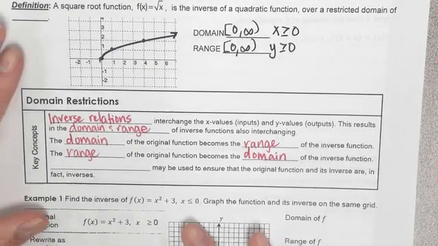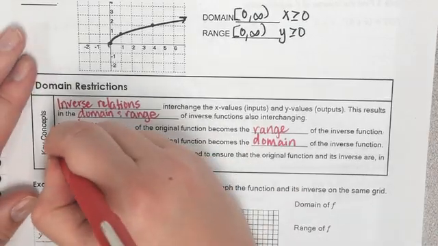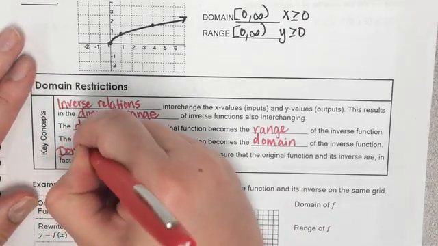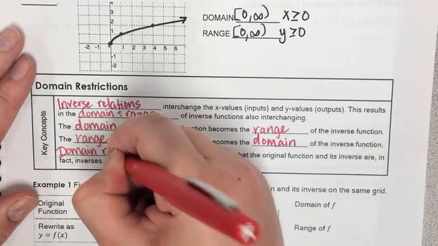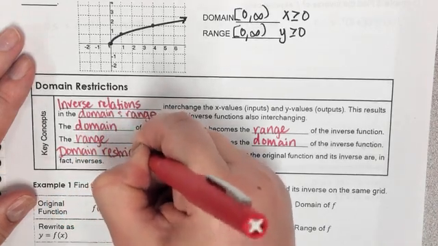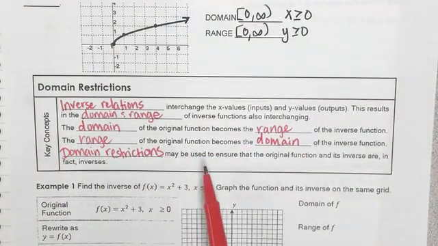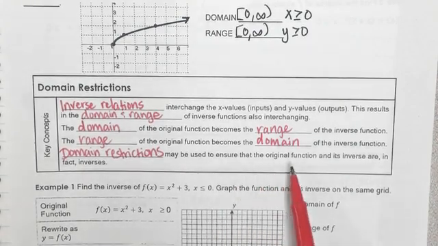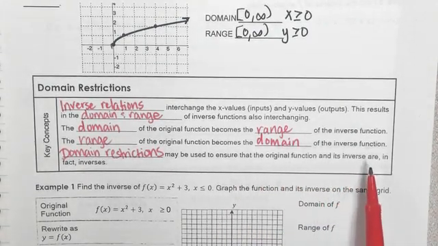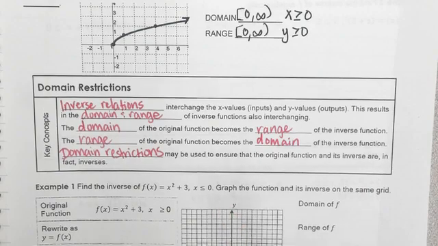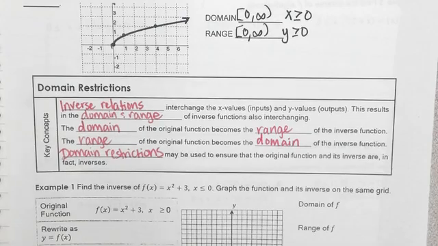And this last blank is the words domain restrictions. So domain restrictions may be used to ensure that the original function and its inverse are in fact inverses. Okay, so sometimes we need a domain restriction. So coming up, I'll show you what we mean by that in example 1.